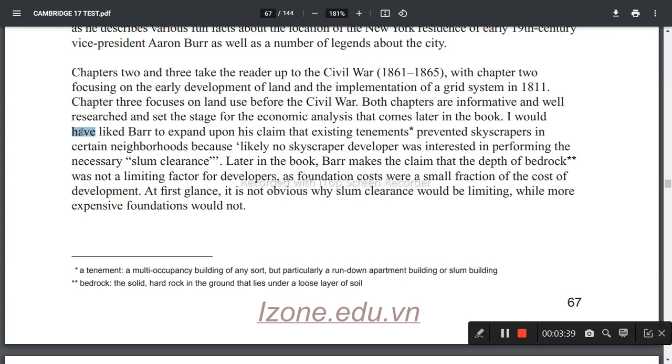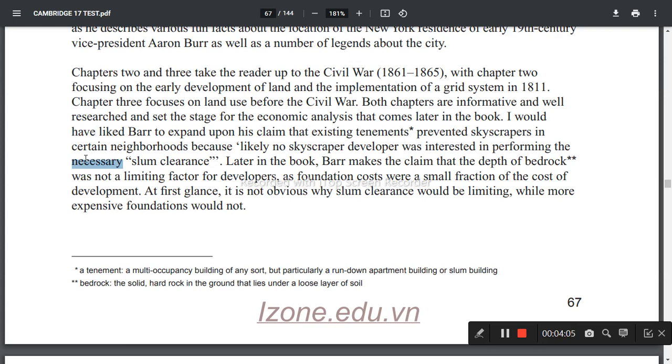I would have liked Barr to expand upon his claim that existing tenements prevented skyscrapers in certain neighborhoods because likely no skyscraper developer was interested in performing the necessary slum clearance.